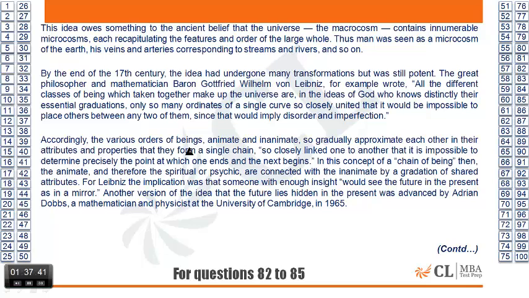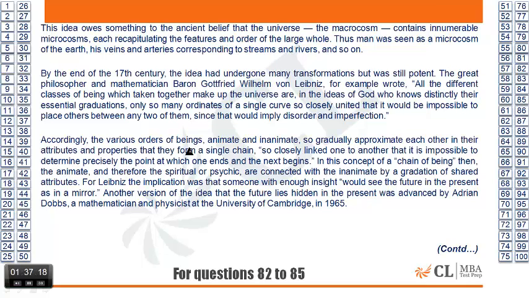The great philosopher and mathematician Baron Gottfried, for example, wrote, all the different classes of beings which taken together make up the universe are, in the ideas of God, who knows distinctly their essential graduations.